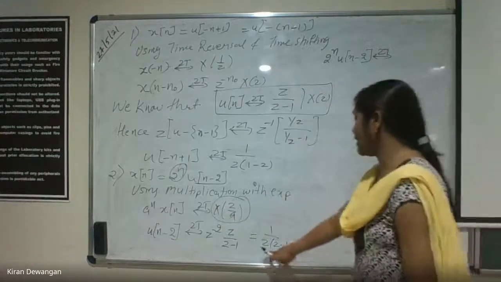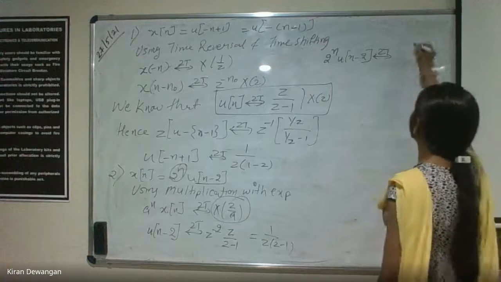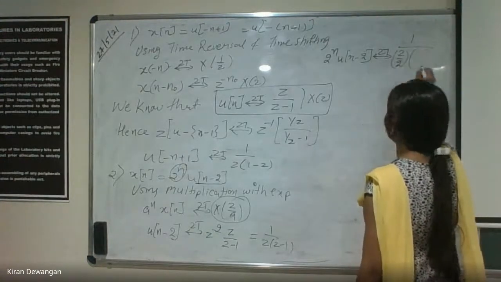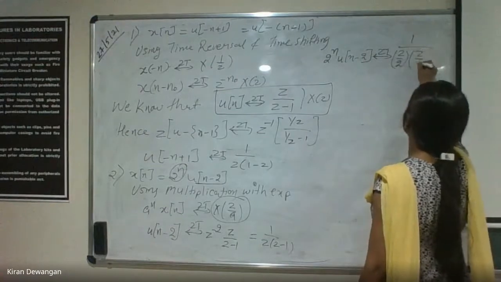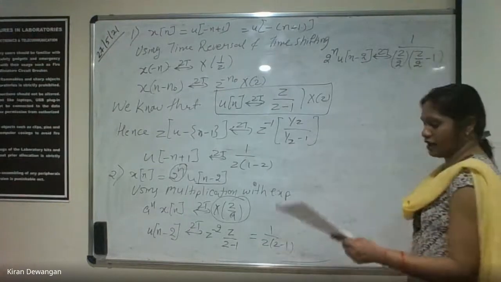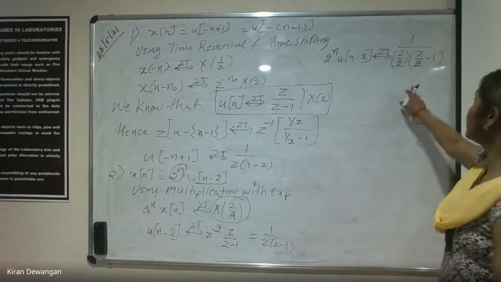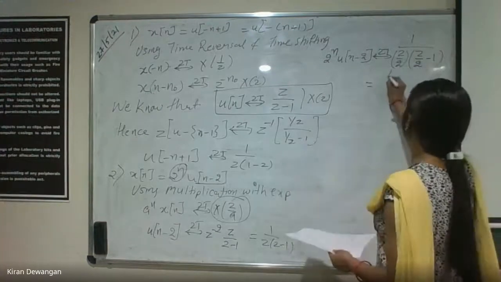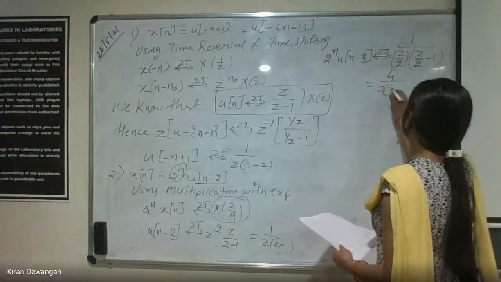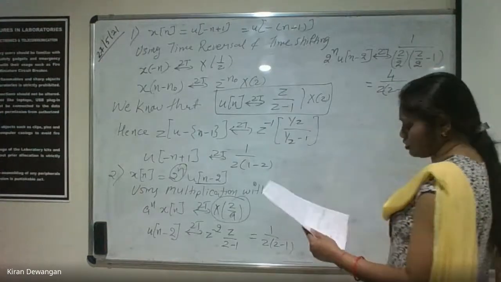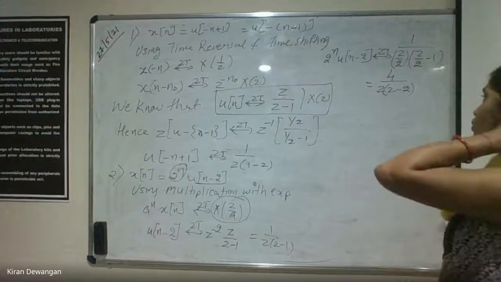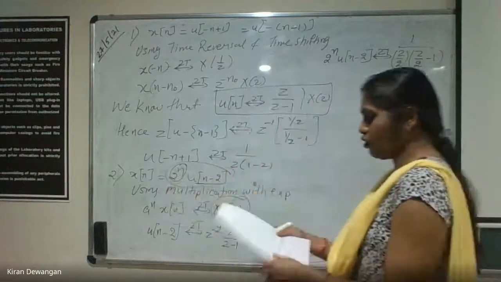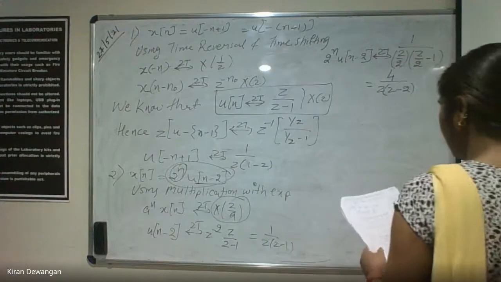This will become 1 by z by 2 into z by 2 minus 1, or we can even write it as 4 by z minus 2. So this is how the z transform of this particular sequence can be obtained by making use of the properties.